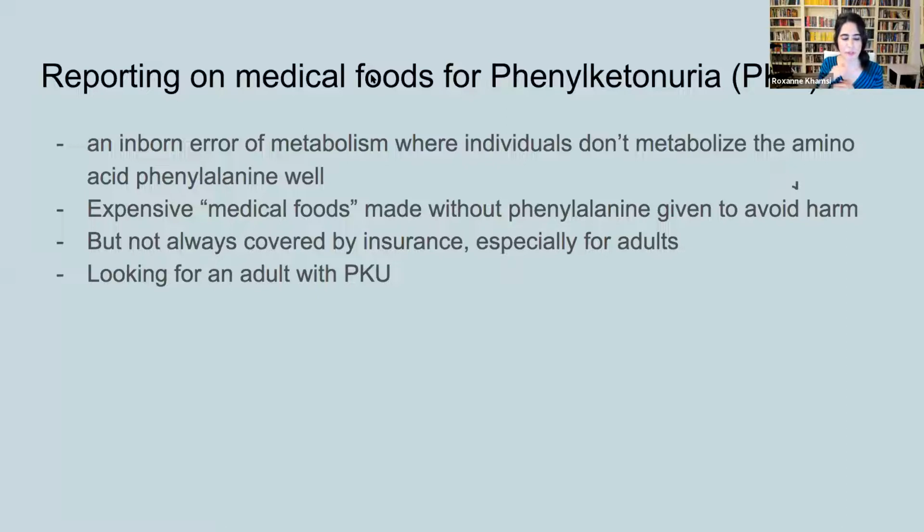But unfortunately, I heard from a source, a scientist actually, that insurance hadn't been covering this for adults. So I wanted to find an adult with PKU for whom this was an important issue. And that was a little hard. This was back in 2014, 2015.